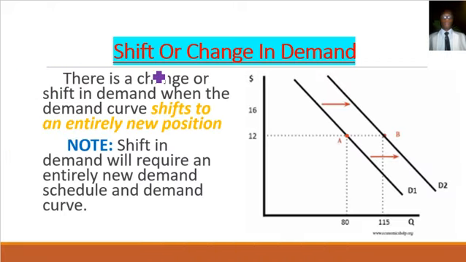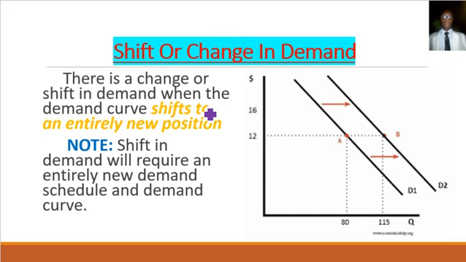Now, the opposite of this is shift or change in demand. So what differentiates change in demand from change in quantity demanded? Look at the definition of change in demand. You can call it change in demand, you can also call it shift in demand. There is a change or shift in demand when the demand curve shifts to an entirely new position. Take note of that.